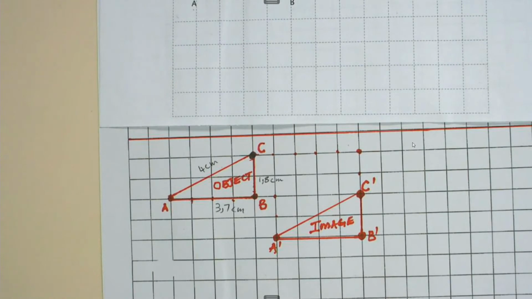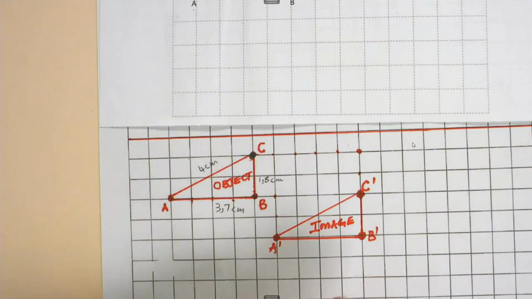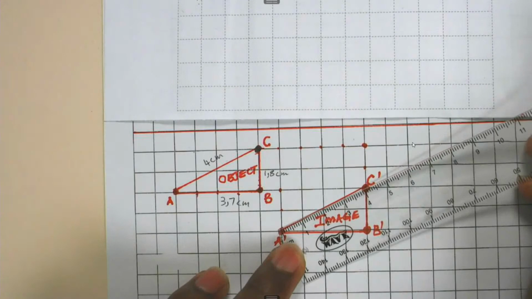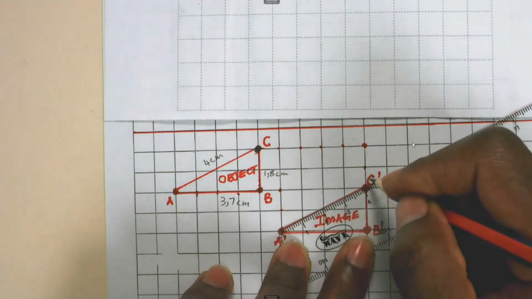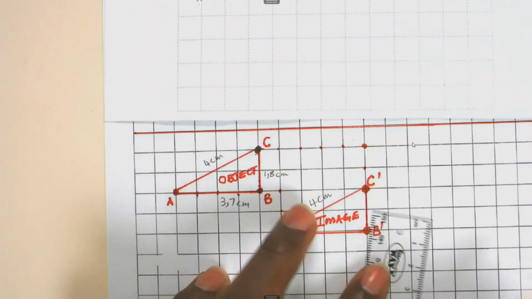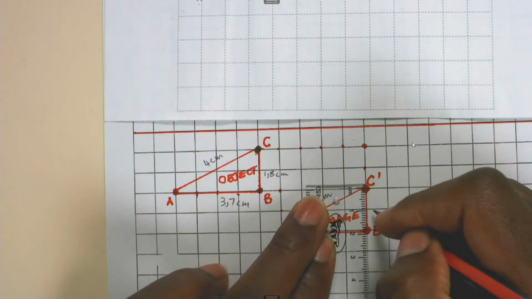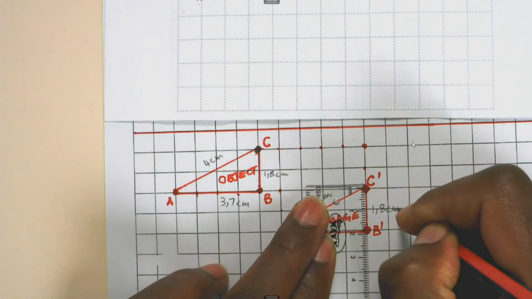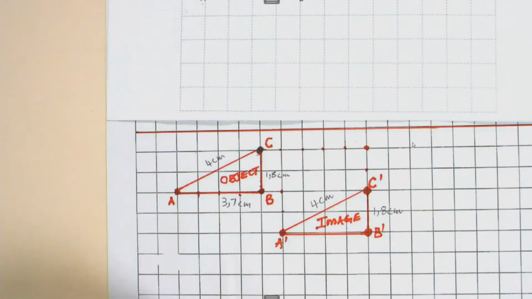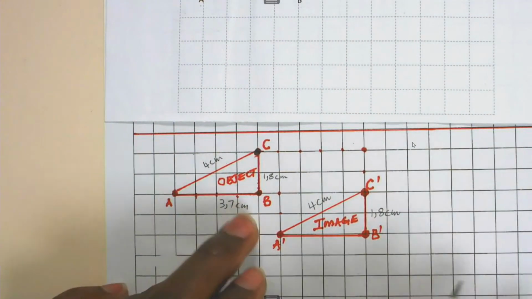Now, they asked us to check whether the side lengths of the object are equal to the side lengths of its image. Let us check the image. The image from point A to point C, we have 4 centimeters as well. The image from point C to point B, we also have 1,8 centimeters here. And then from point A to point B, we have 3,7.